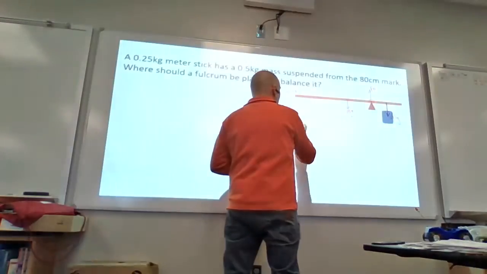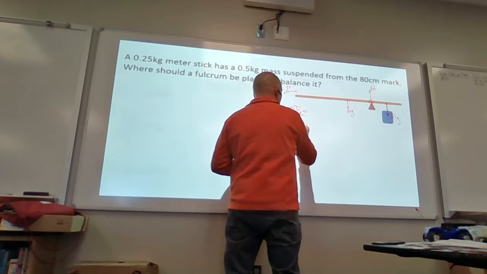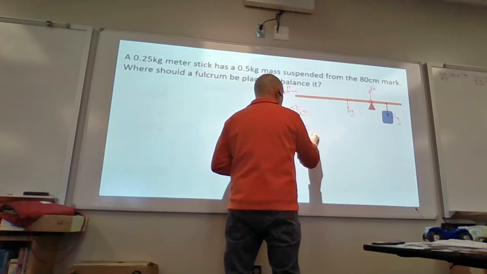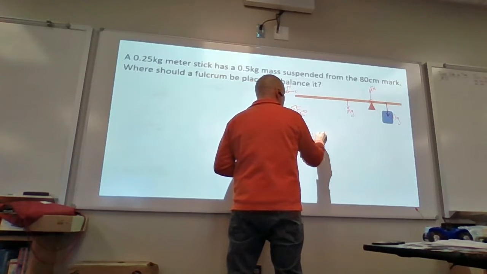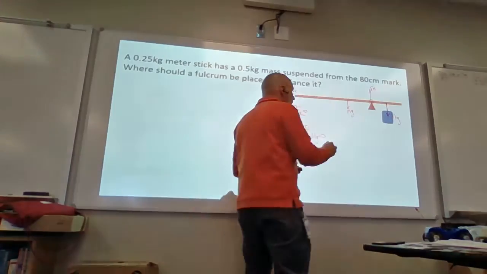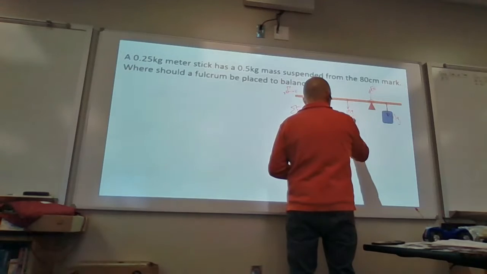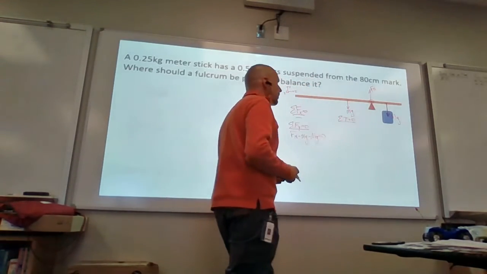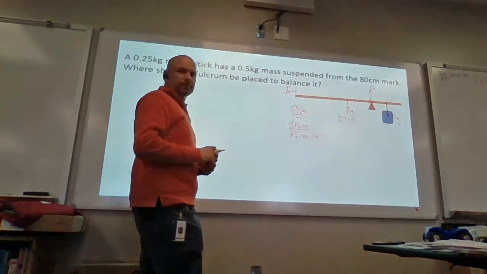The sum of the forces in the y direction is equal to 0. So I've got normal force minus little mg minus big mg is equal to 0. And I have the sum of the torques about this axis of rotation equal to 0 as well.